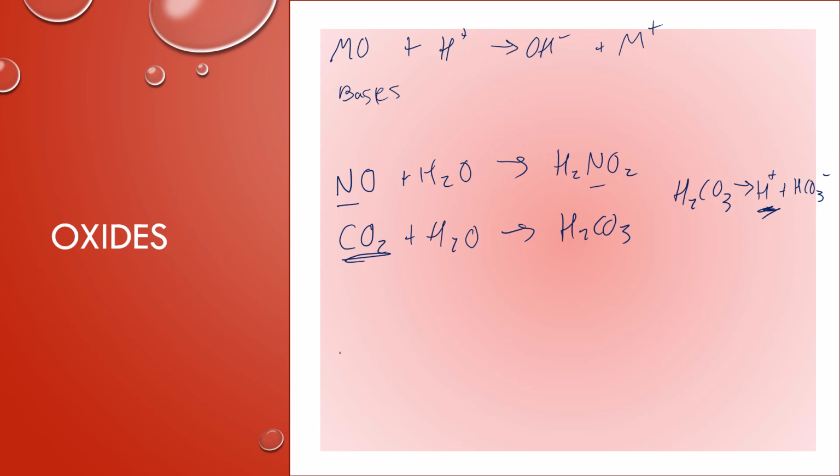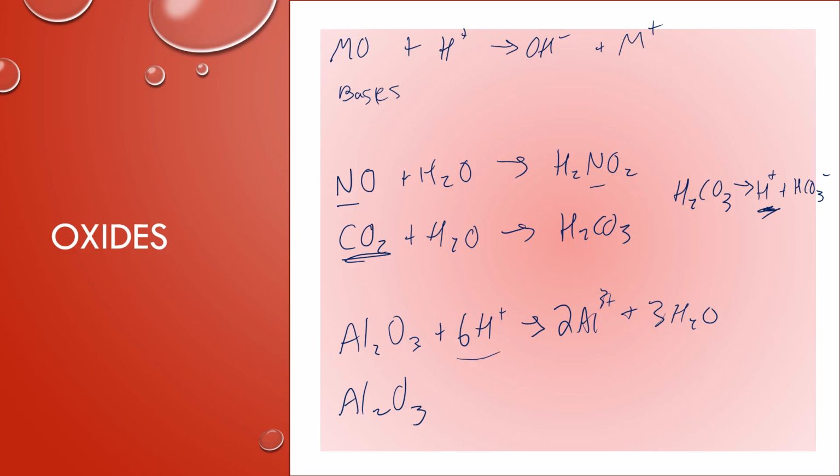A unique one would be aluminum. Aluminum oxide can be amphiprotic. It can act as either an acid or a base. It can react with an acid to form just aluminum ions and water molecules. So in this case, it's binding up a hydrogen, so it's acting as a base. But the aluminum oxide could also react in the presence of water with a base.